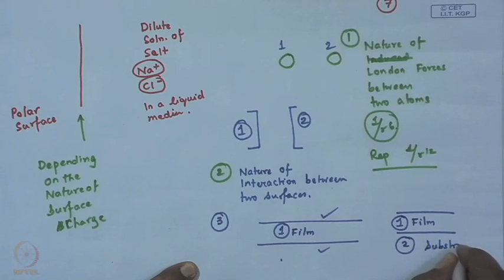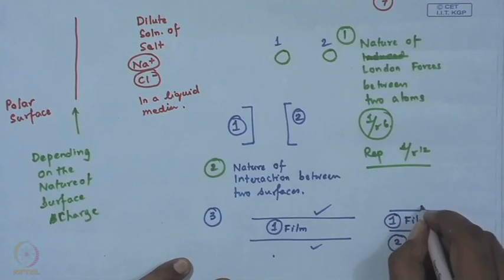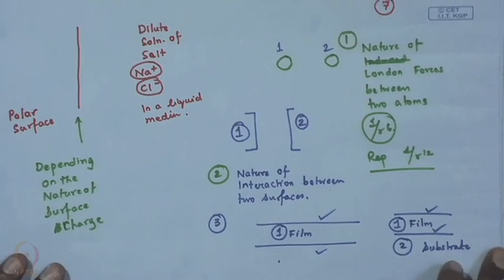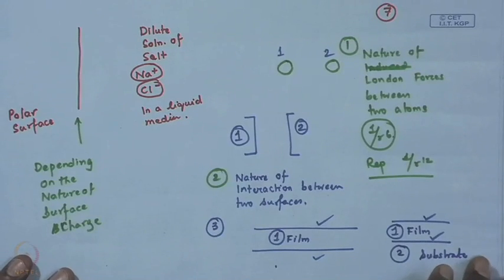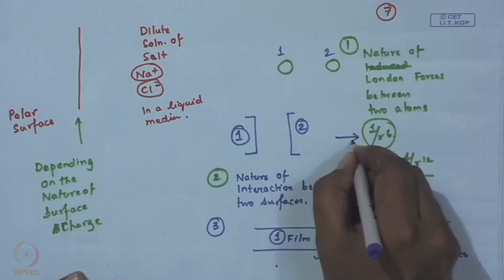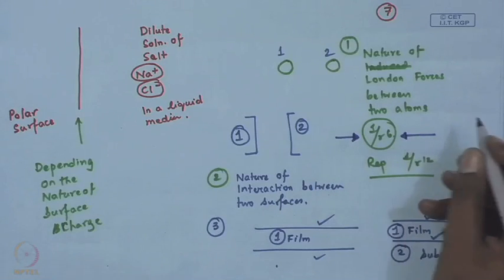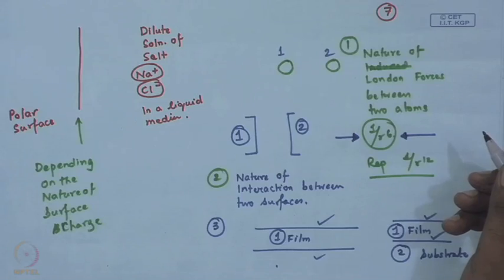How the interaction between this and this interface governs the evolution dynamics or the stability of a system. These are some of the things which we are going to look at in the subsequent couple of lectures, and the fundamental concept is based on the induced dipole interaction between molecules.